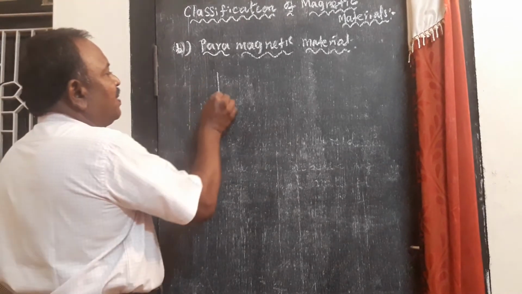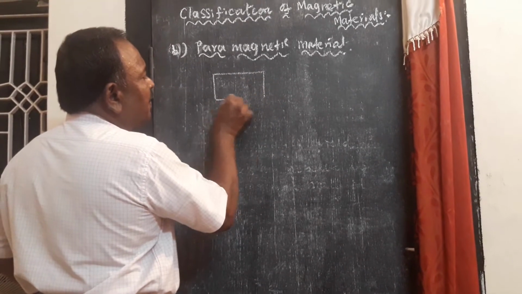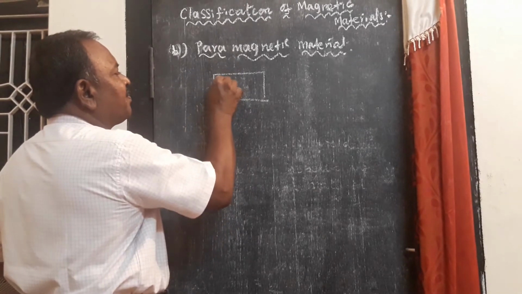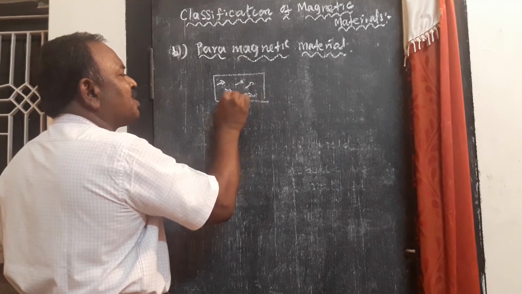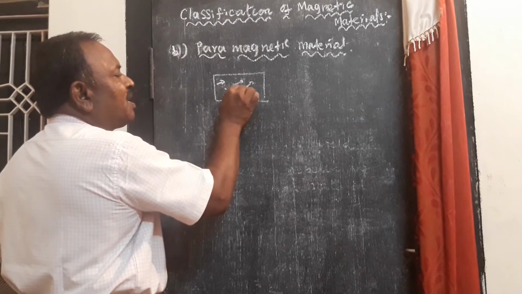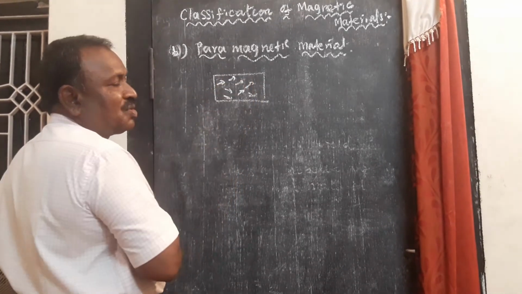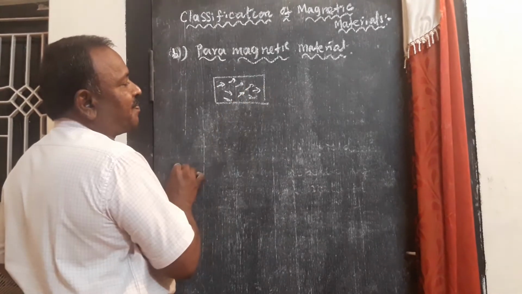So let us consider this to be the paramagnetic material. This shows the magnetic moments of different atoms and molecules before the application of the external magnetic field.